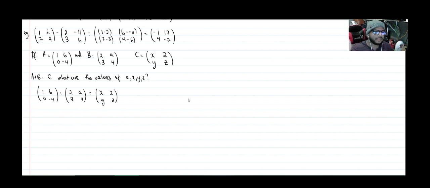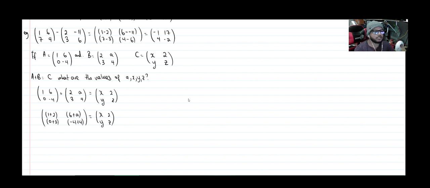I'll add my left hand side. So I will have a 2 by 2 added with a 2 by 2. It is possible. So my first entry, 1 plus 2. My second one will be 6 plus a. My third one will be 0 plus 3. And my last one will be minus 4 plus 4.